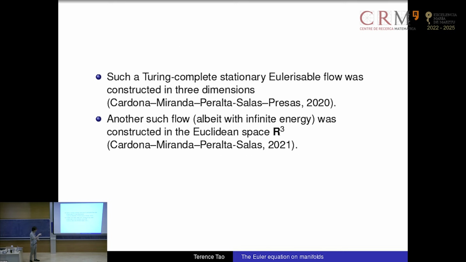This construction was done on a large manifold, but there are constructions in three dimensions, which I will not talk about here.